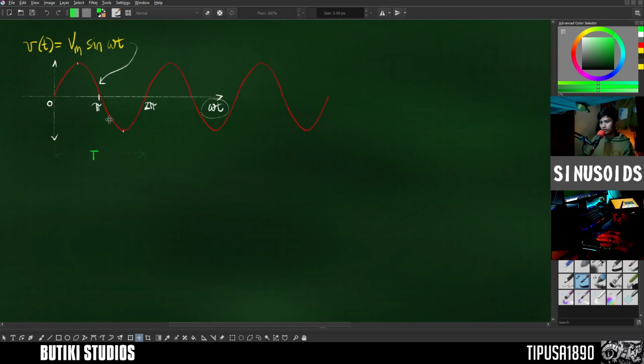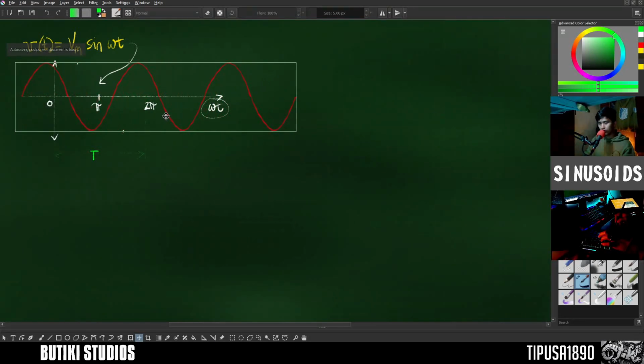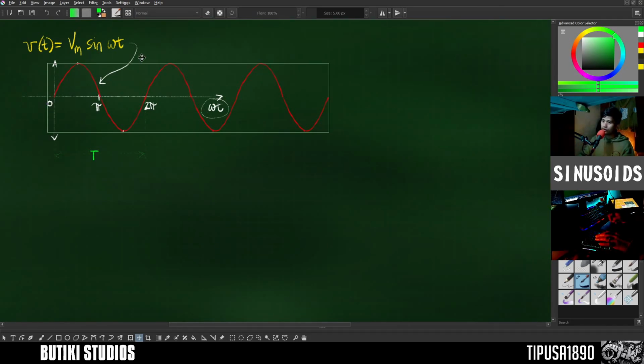Okay, so this is your regular sine wave, but this regular sine wave is not always what happens later on with your waves. This wave could either move forward or move backward, to the right or to the left. And when that happens, we need to make this formula general.